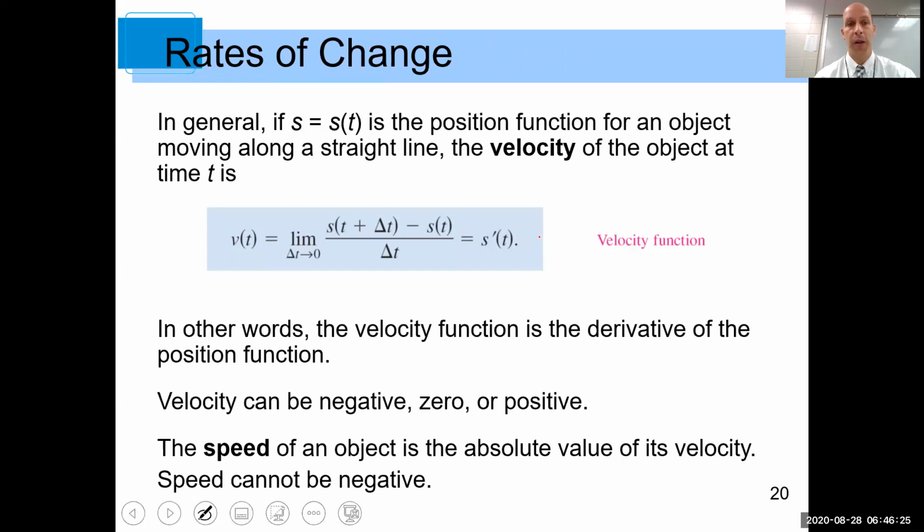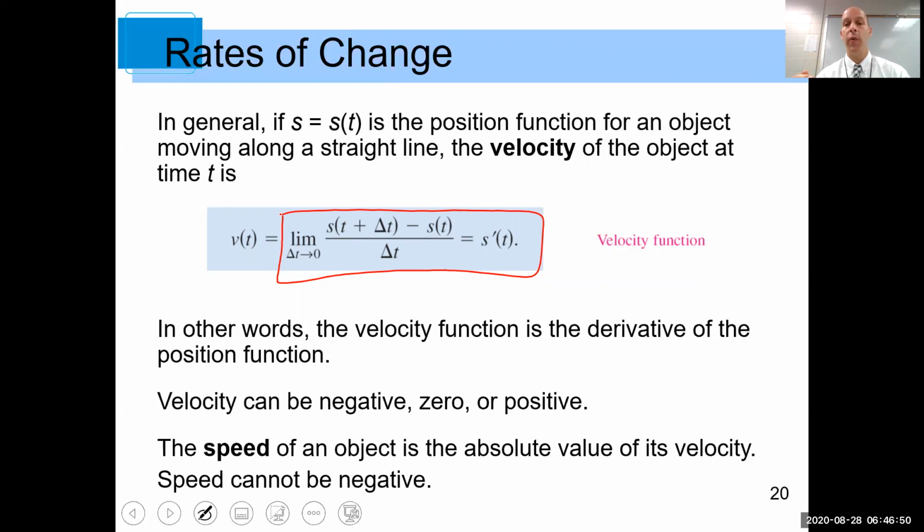Okay, so now here's what we really want to get to. In general, if S equals S of t is the position function of an object moving along a straight line, the velocity is given by the following: the limit as delta t goes to 0. So the previous three problems in problem number 5 were all average rates of change, average velocities.